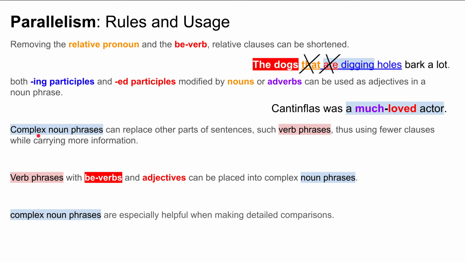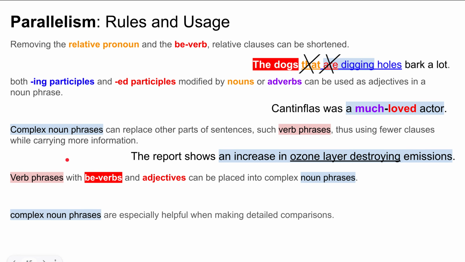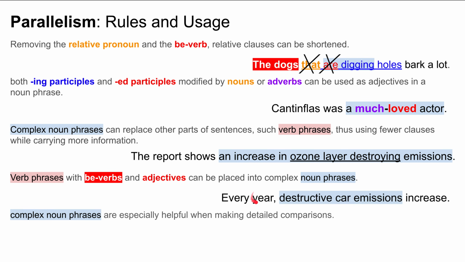Moving forward, complex noun phrases can also replace other parts of sentences, such as verb phrases, thus using fewer clauses while carrying just as much information. So the example that we saw was the report shows an increase in ozone layer destroying emissions. And verb phrases with be verbs and adjectives can be placed into the complex noun phrase. Every year, destructive car emissions increase.